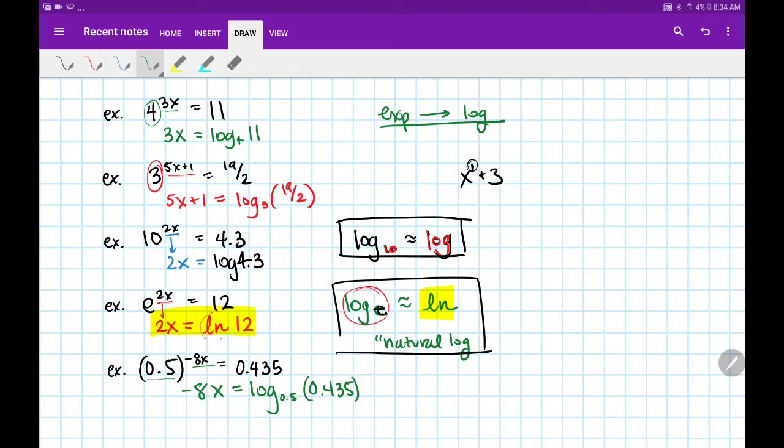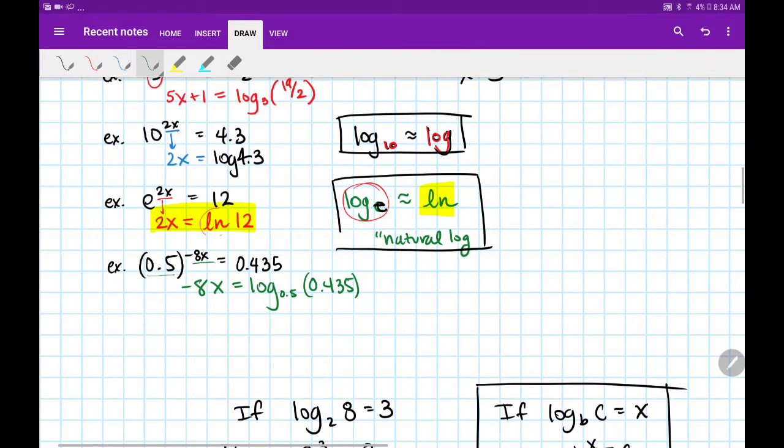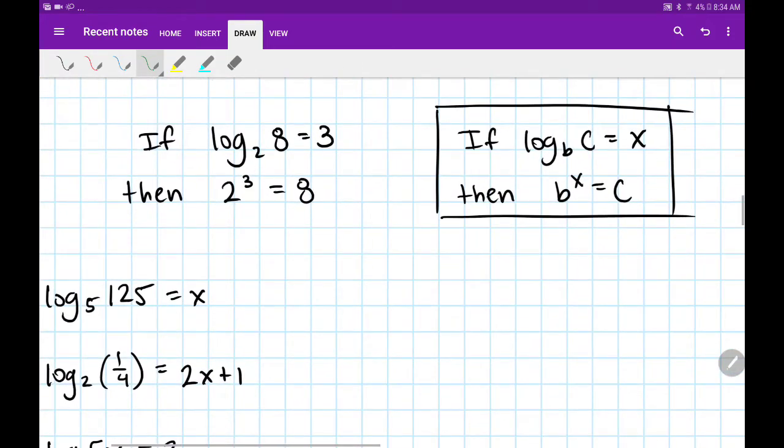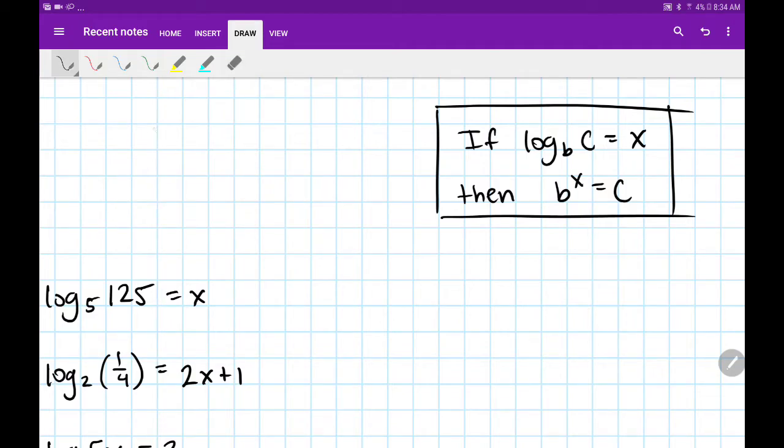Our steps were basically drop the exponent, then write equals log, find the base, and then the remaining number is at the end. Now I want to go backwards. So let's say now that I give you something in log form. If I have log base 2 of 8 equals 3, this is how we're going to transition from log to exponential form.